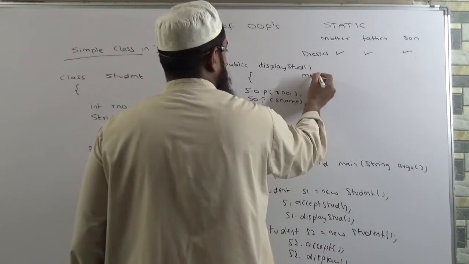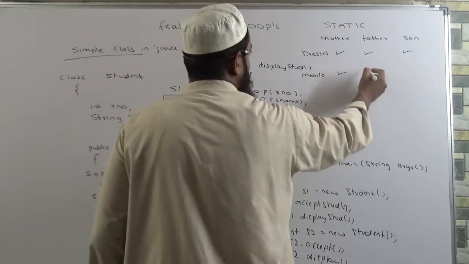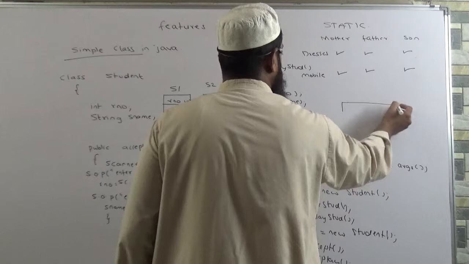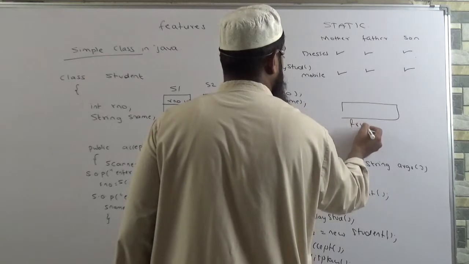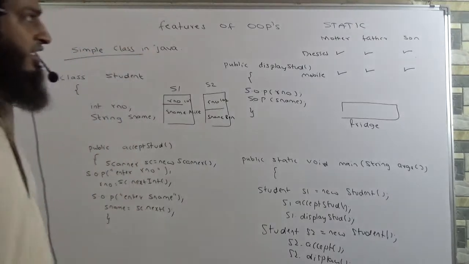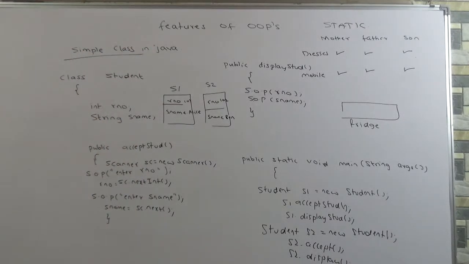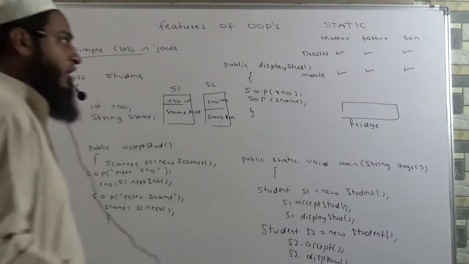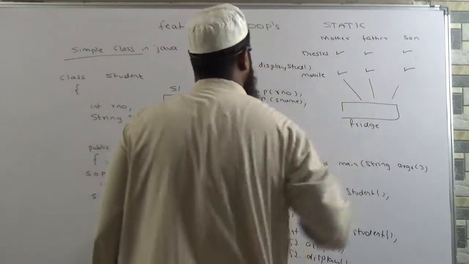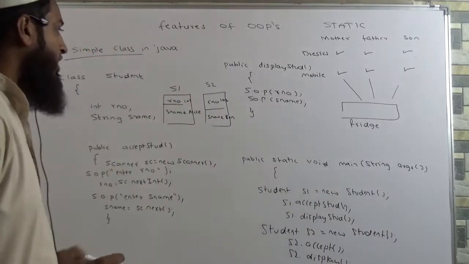Mobile phone, mother has her mobile phone, father has his mobile phone, son has his mobile phone. What about the refrigerator, the fridge? Does mother have her own fridge at home, father has his own fridge, and son has his own fridge? No, that is shared by all the members of the house. That is what is static data. Data which is shared by all the objects.